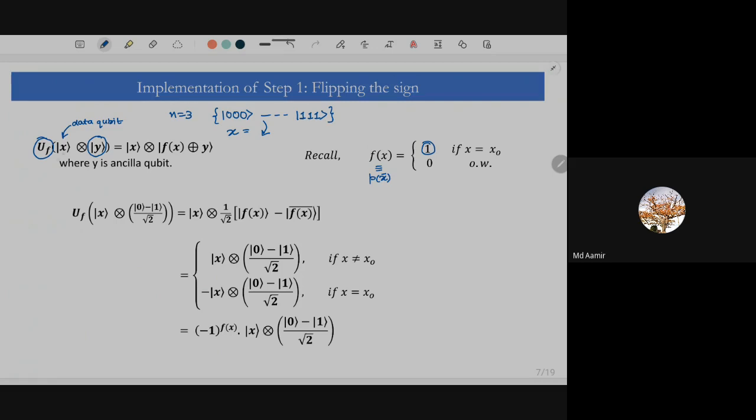So x has 3 qubits of data, and y is some ancilla qubit. The unitary acts as follows. We have this Uf, and we have this data qubit plus some ancilla qubit, and the unitary acts on this set of qubits. Then it outputs x, which is tensored with f of x plus y.